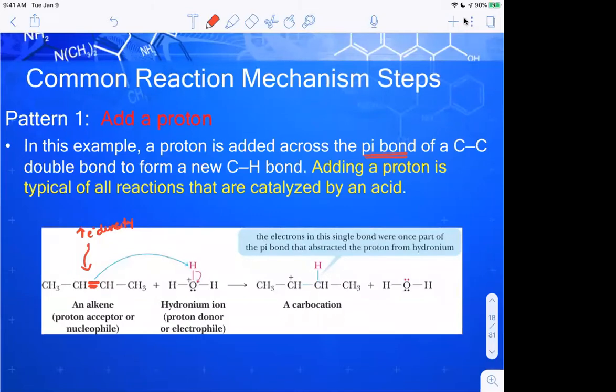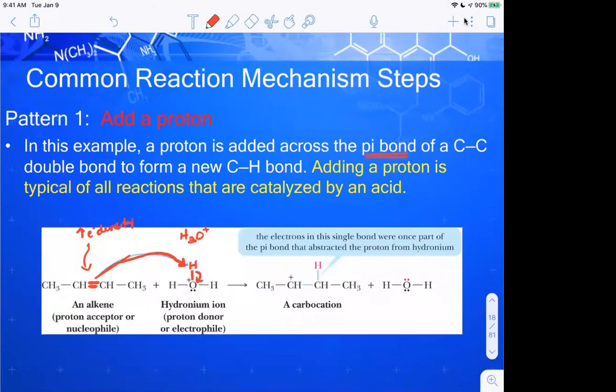That's that side-by-side overlap. Those 2 electrons actually come across, and this is H3O plus. This hydrogen is the hydrogen that's being transferred. So these electrons are going on this oxygen.